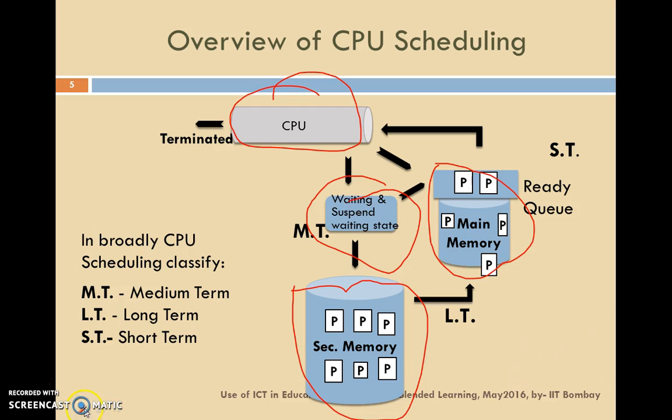Here are some processes P1, P2, and P3. They reside in secondary memory. The long-term scheduler chooses and creates a new process and pulls it into main memory.